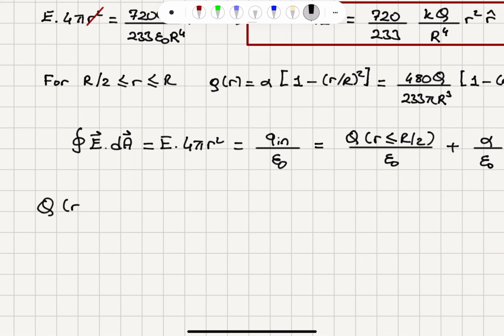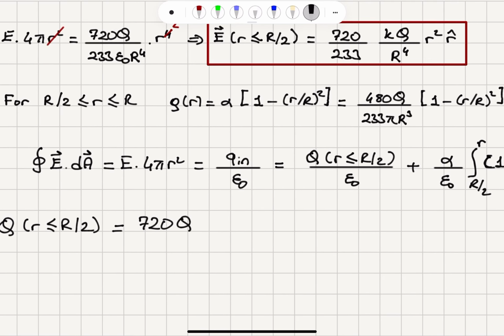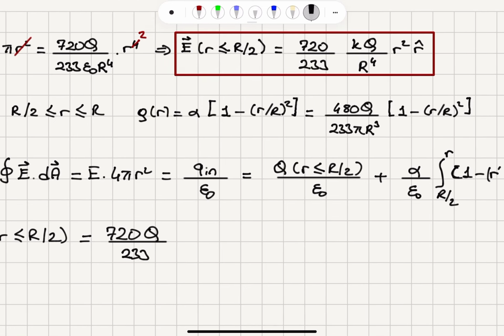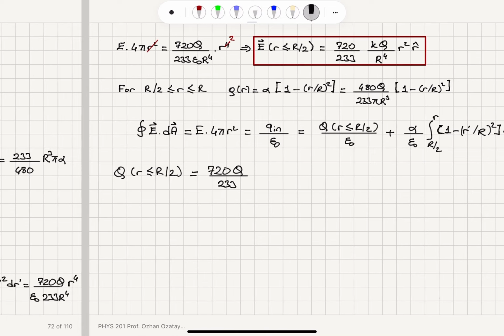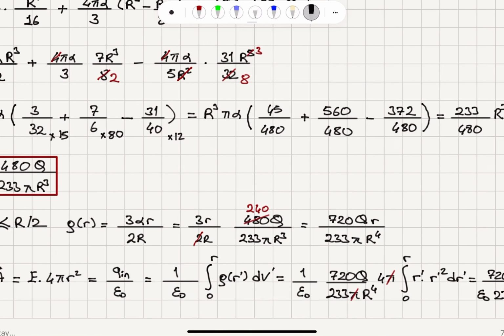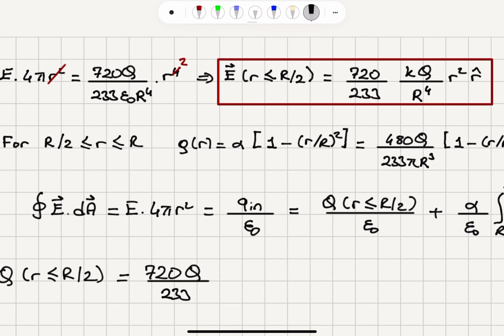Okay, so let's find the charge Q in the region r less than or equal to capital R over 2. That's the first contribution. It is 720 Q divided by 233. Then we have, remember here on the right side of this, we had this charge enclosed divided by epsilon 0.